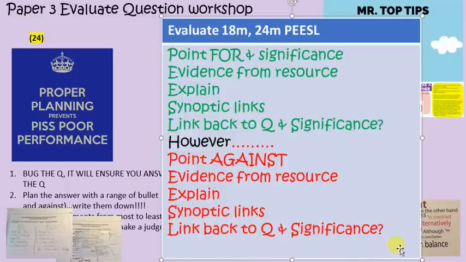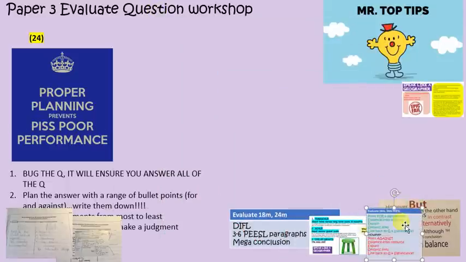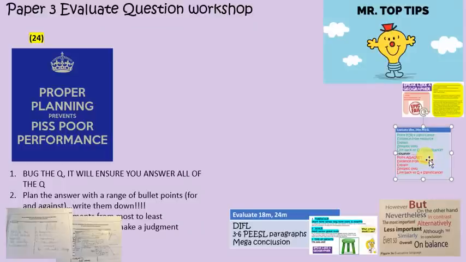So for each argument and counter argument, you've got balance all the way through. You've got your AO1, your knowledge and understanding, you've got your AO2 from your resource, you've got your AO3 from your synoptic links, and you're answering the question. Yeah, easy as that. It does require you to skillfully craft an answer rather than waffle till your heart's content.